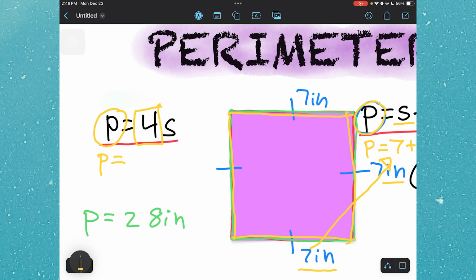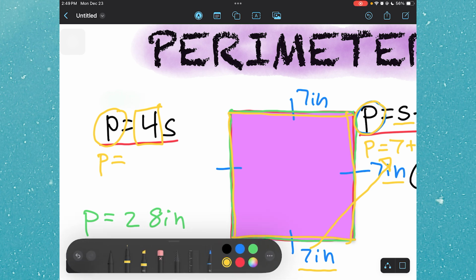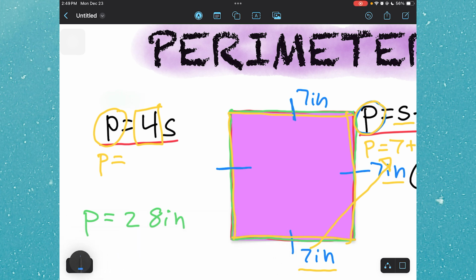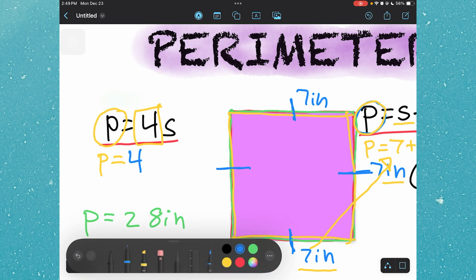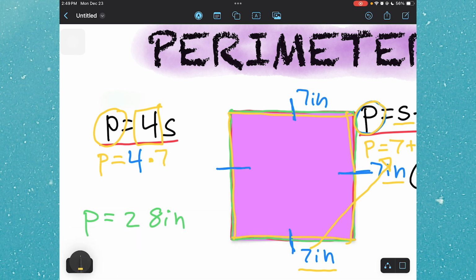Now, where in the world did we get the 4 from? Well, we got the 4 from the amount of sides in a square. A square has 1, 2, 3, 4 sides. And how long is each side? Well, each side is 7 inches. And when we multiply 4 times 7, we get 28 inches, which is the perimeter.